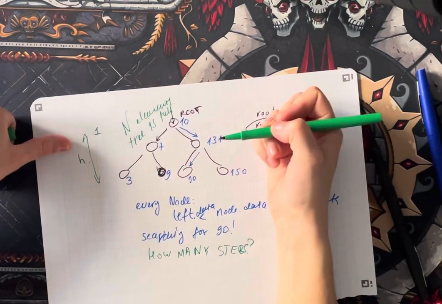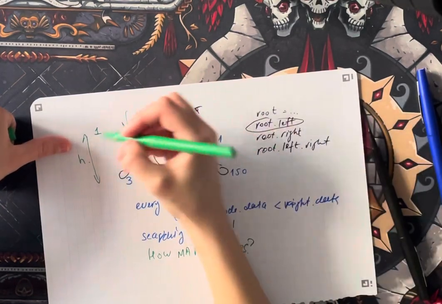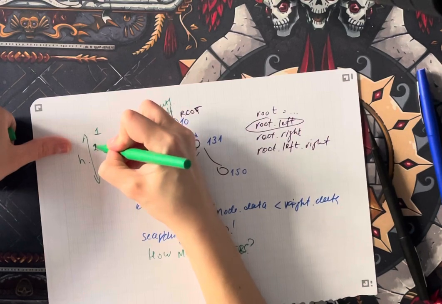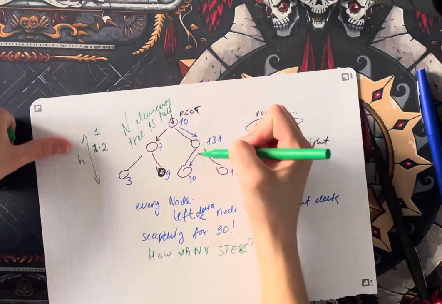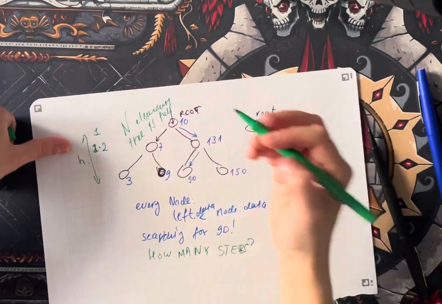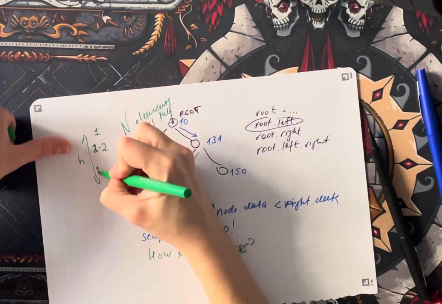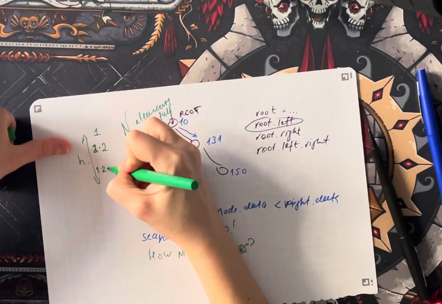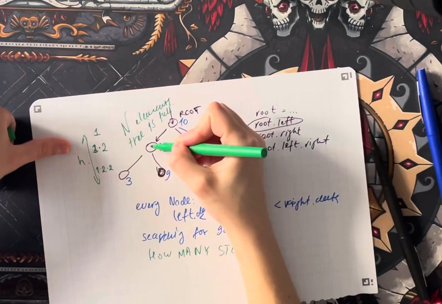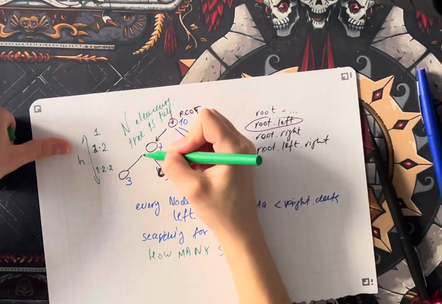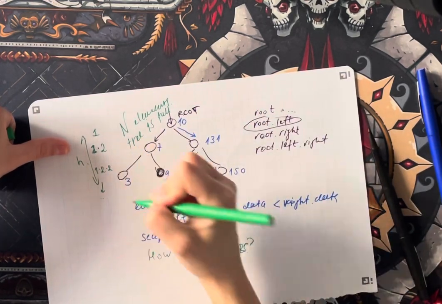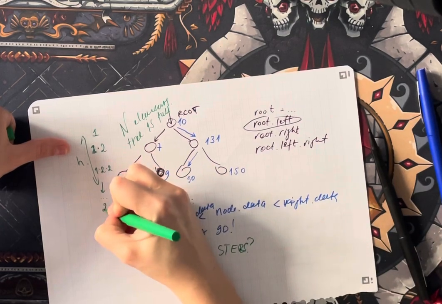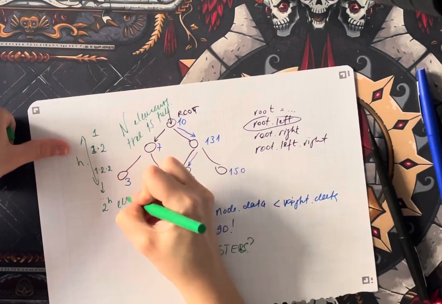On the second layer we have 1 multiplied by 2 elements, because from the root we have 2 elements. On the third layer, we have that multiplied by 2 again, because out of each of these 2 elements we grow 2 elements here. So on the level h, we have 2 to the power of h elements.